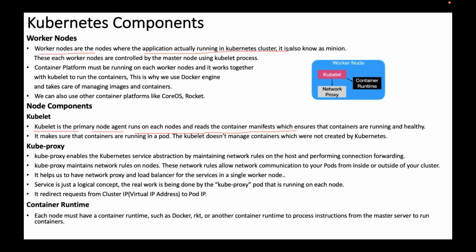In the master? No. It will be only in the workers. We call these worker nodes or slaves, or sometimes minions. All are the same: Kubernetes worker node, Kubernetes slave, Kubernetes minion.